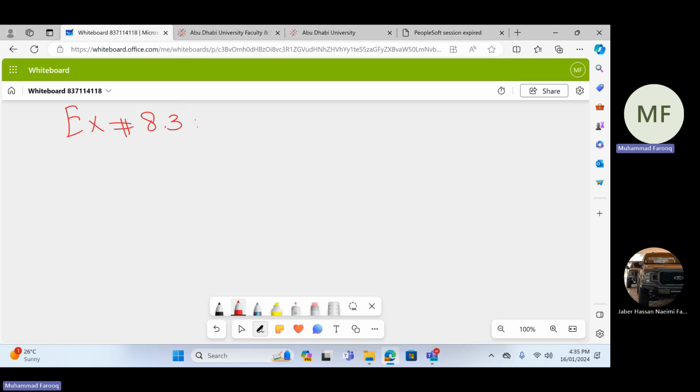Now, in 8.3, we learn one more integration technique, and the topic of 8.3 is trigonometric integrals.